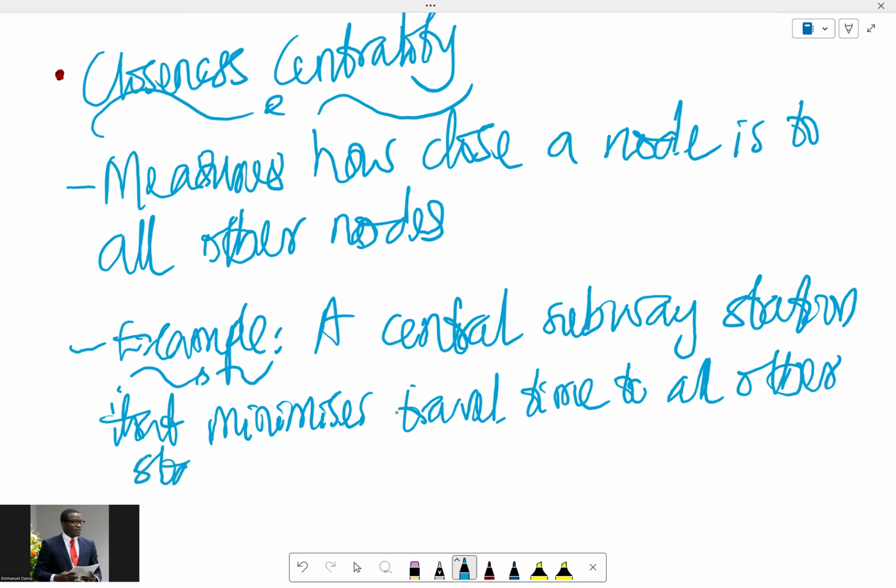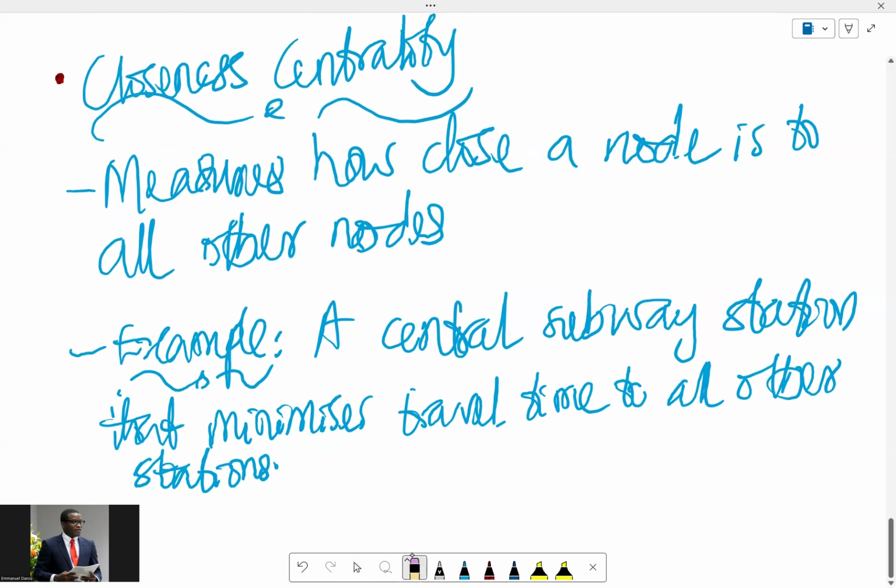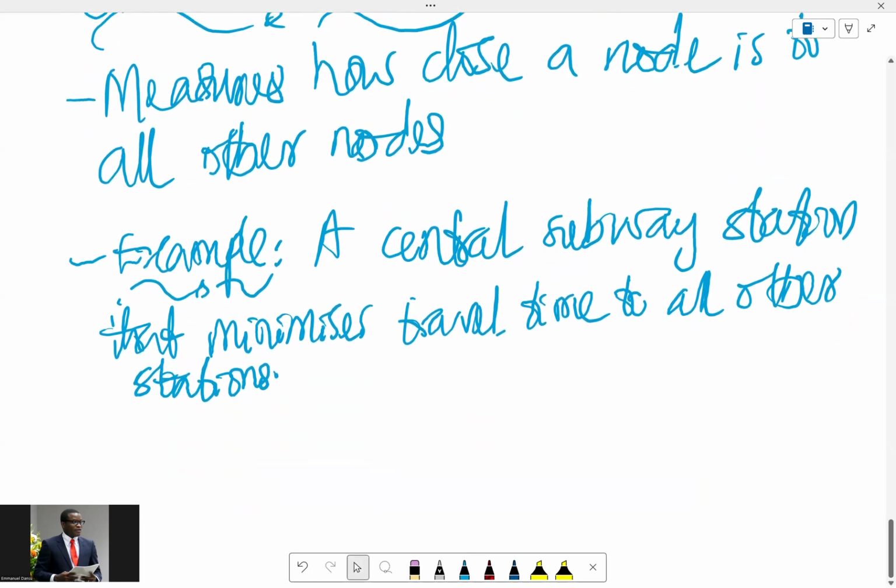Town planning would take this into consideration. For instance, I'm currently in Sendai in Japan, and we have a central station called Sendai Station. So if you are lost anywhere in the city, just go to Sendai Station. You can find your bearing because it's very central, and from there you can go to every other place very easily. So that's the idea of closeness centrality.